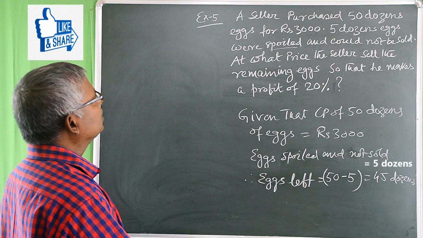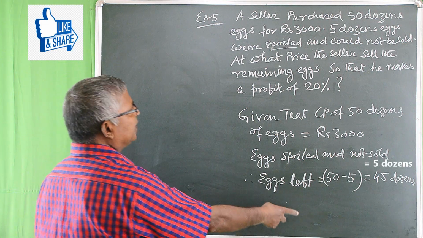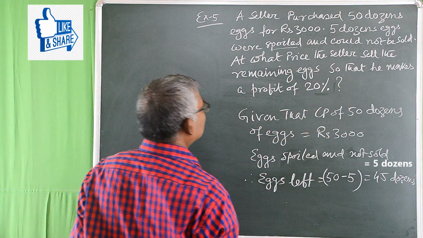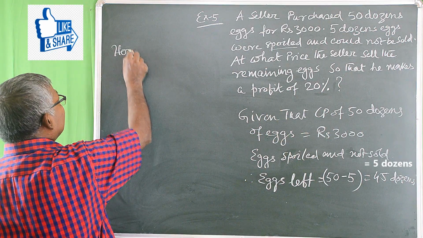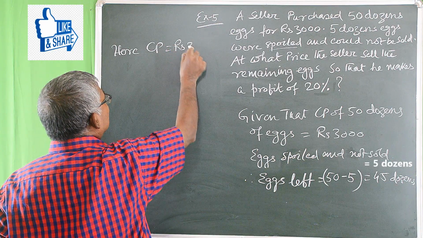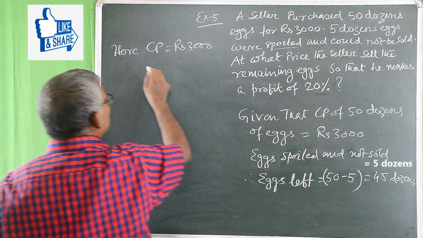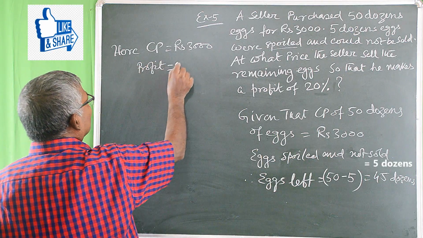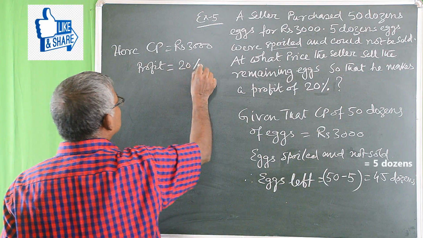Now see, the whole transaction is made to earn a profit of 20%. Here CP equal to rupees 3000 and profit equal to 20%.